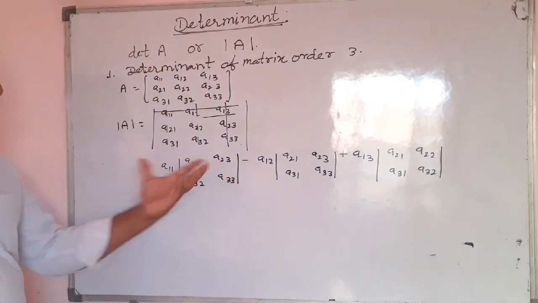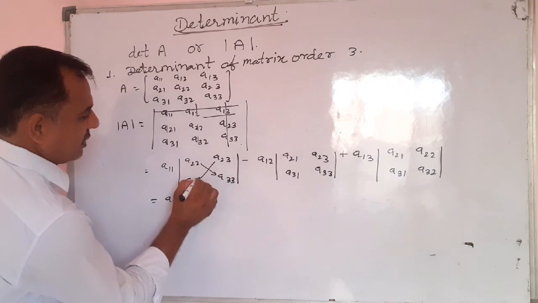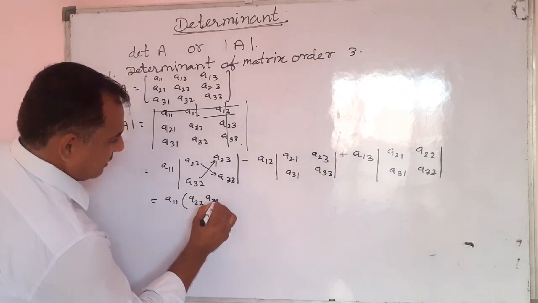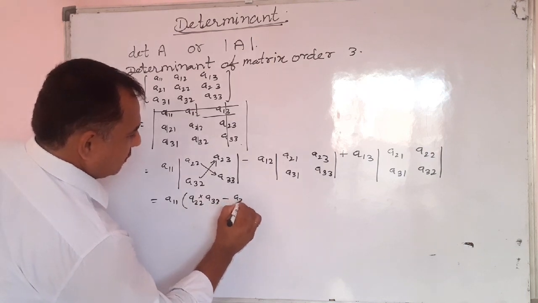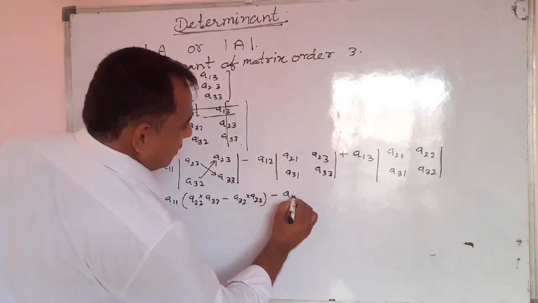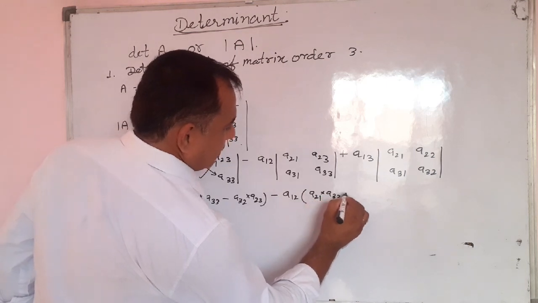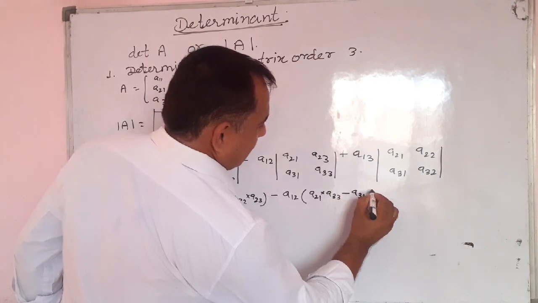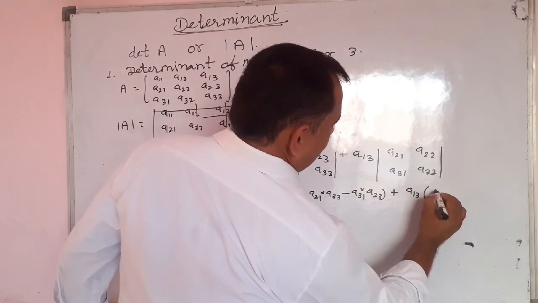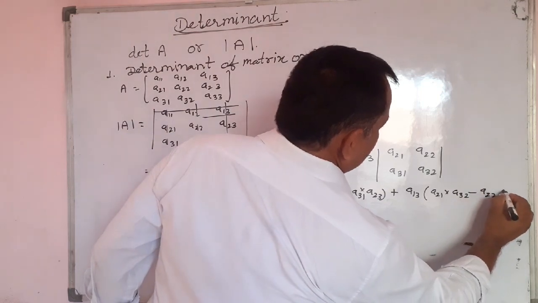Again we use the same pattern: A11 and cross multiply, always starting with the principal diagonal: A22 A33 minus A32 into A23, minus A12 times (A21 into A33 minus A31 A23), plus A13 times (A21 into A32 minus A22 A31).